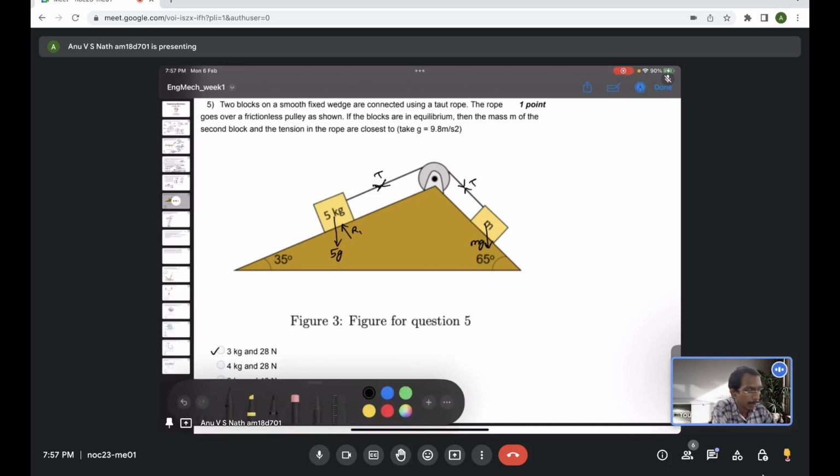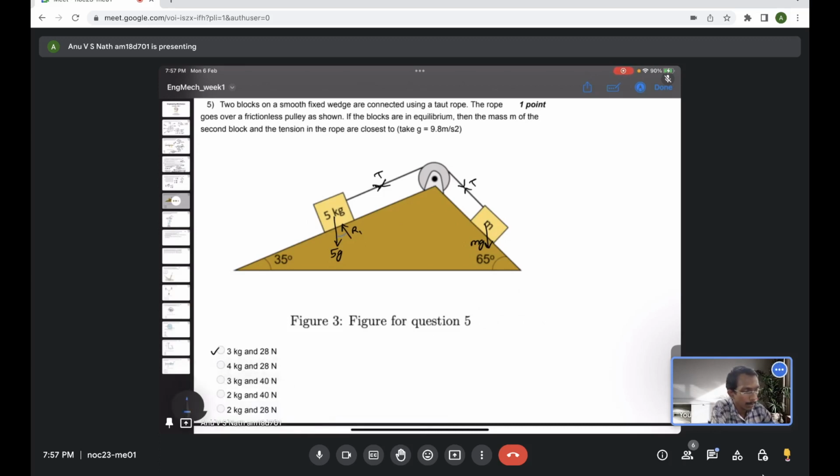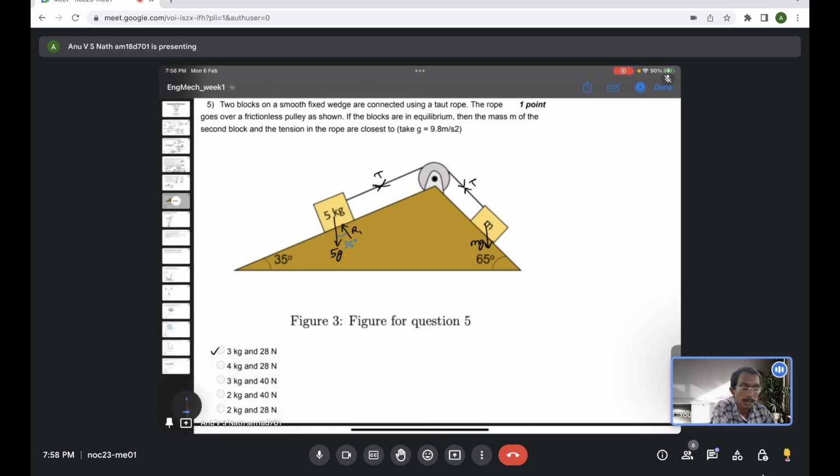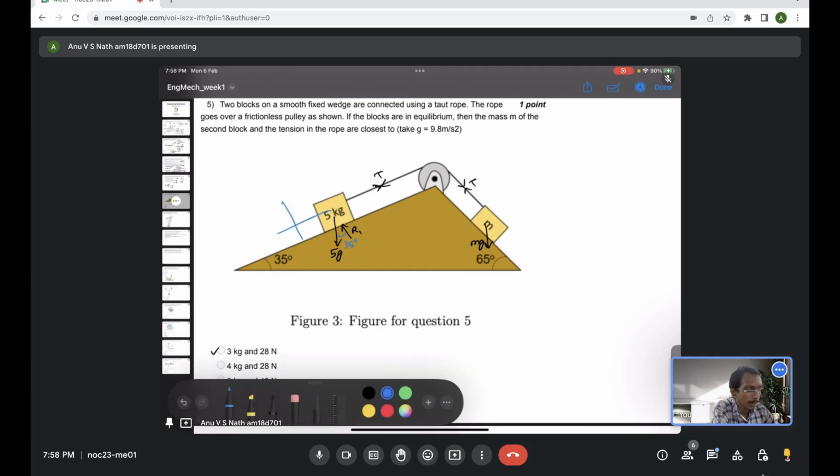Now this angle is 35 degrees. So now we can resolve the 5g weight into the direction of R1. I mean basically let's say this is a horizontal and this is a vertical direction of the 5 kg mass.